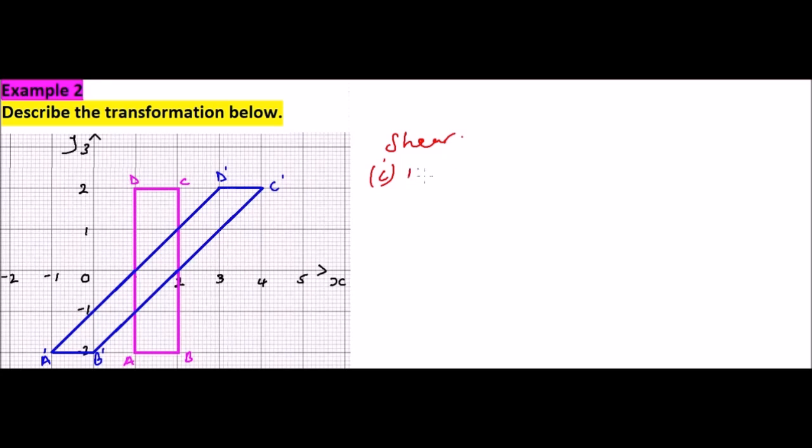We look for the invariant line. The invariant line is that line which is shared by both the object and the image, and our invariant line in this case is the x-axis, or y equals 0.